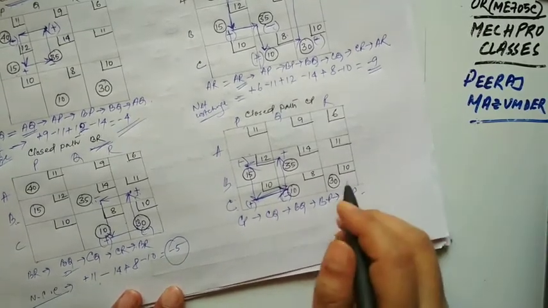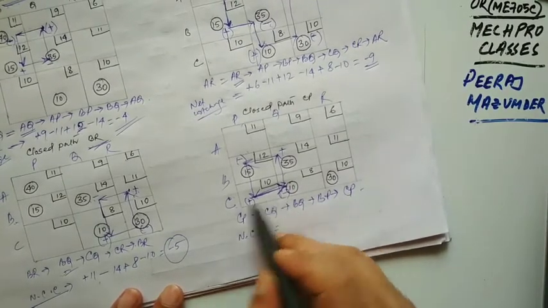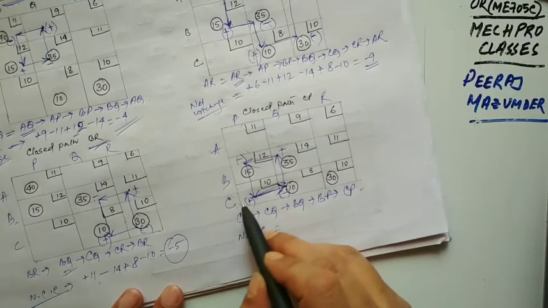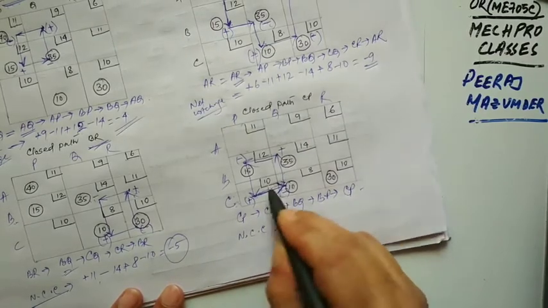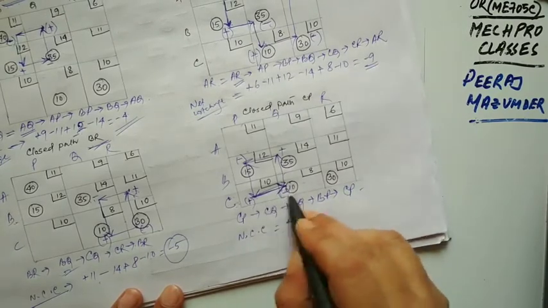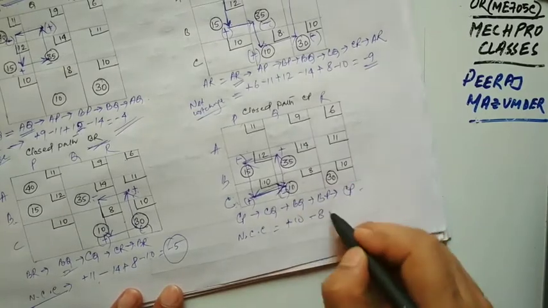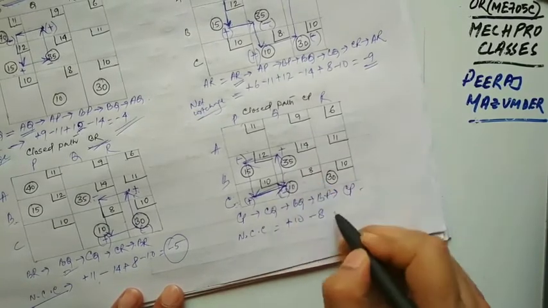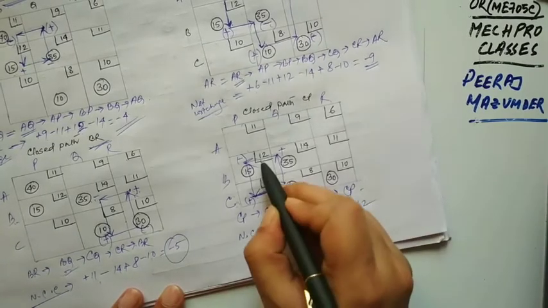Now the net cost change gives you CP plus 10, minus 8. We have to write the unit costs only. Minus 8, plus 14, minus 12.